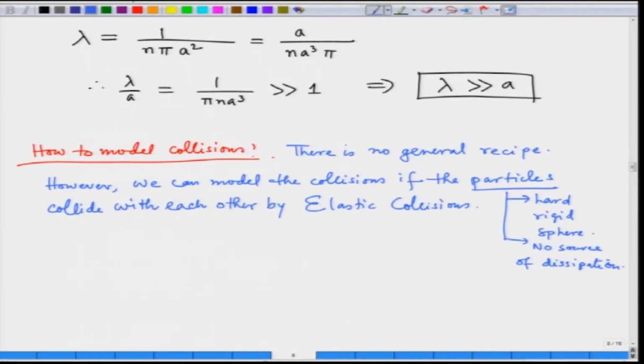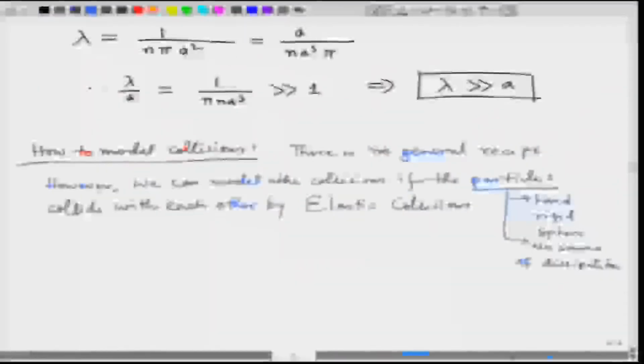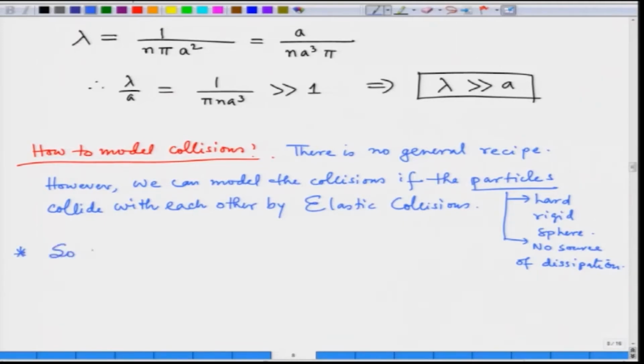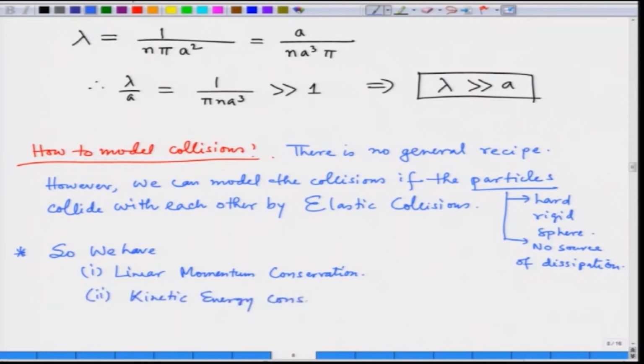So, basically we are taking the case where we have two conservations: linear momentum conservation, and kinetic energy conservation before and after the collision.